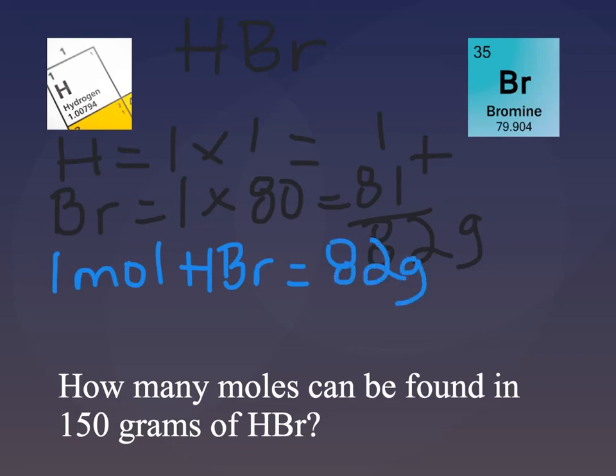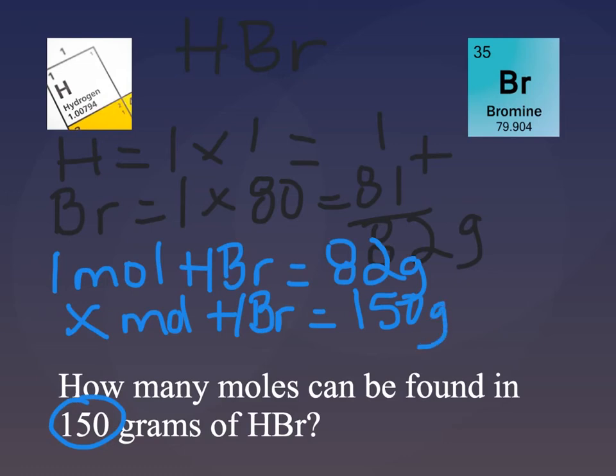Now the question is how many moles of hydrobromic acid can be found in 150 grams of the same substance. Remember, we need to multiply the cross values, which is this 1 and this 150, and then divide it by 82.